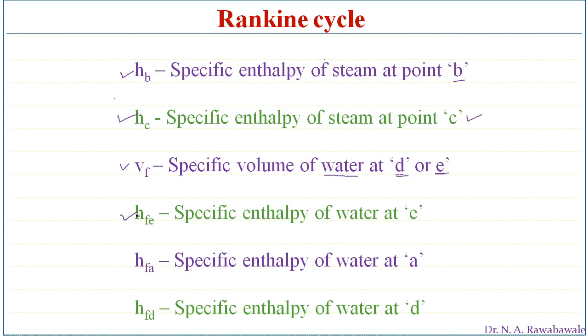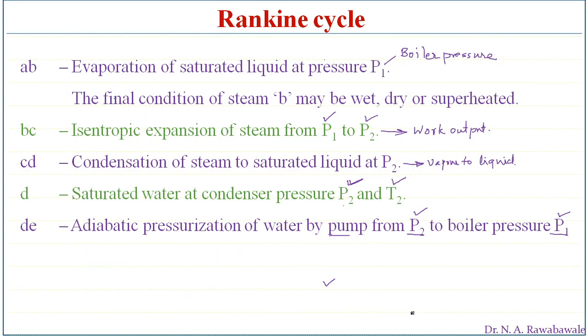And HFE is the specific enthalpy of water at point E. So this suffix E represents it is at point E. Then here also suffix C represents enthalpy at point C, whereas suffix B represents enthalpy at point B. Now coming to the next term, HFA, specific enthalpy of water at point A. This suffix A represents point A. And HFD is the specific enthalpy of water at point D. Suffix D represents point D. So that we have seen in the previous diagram.